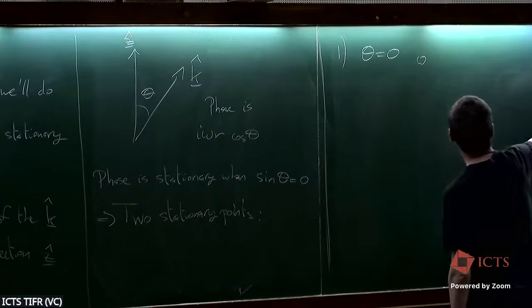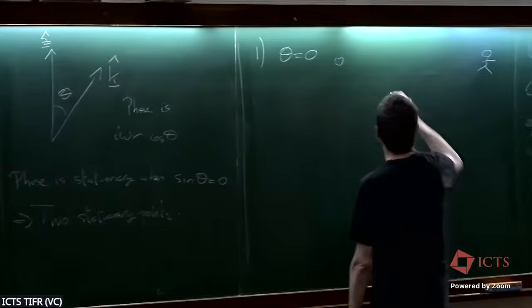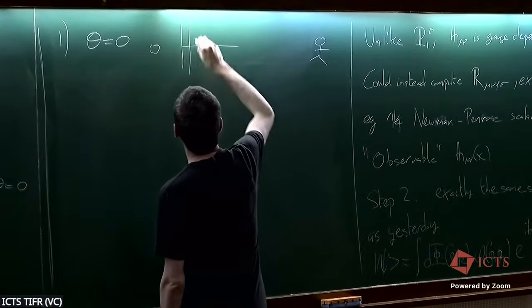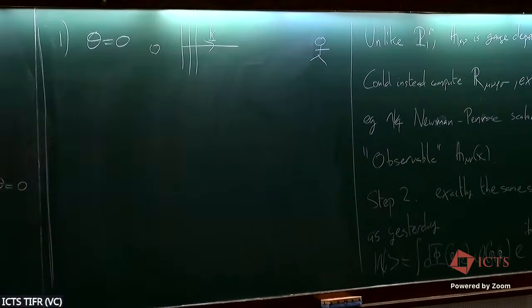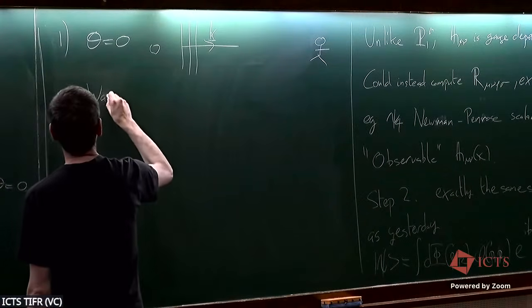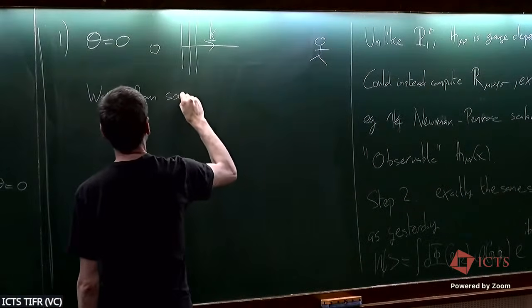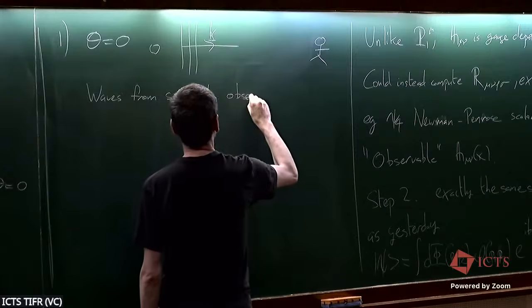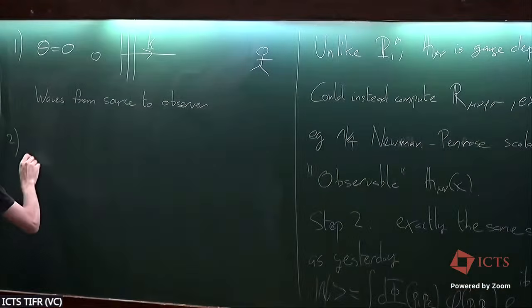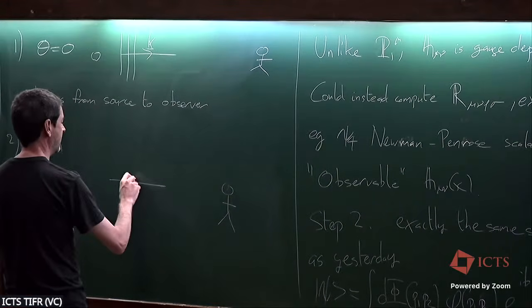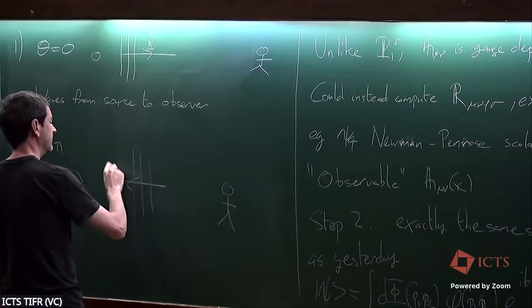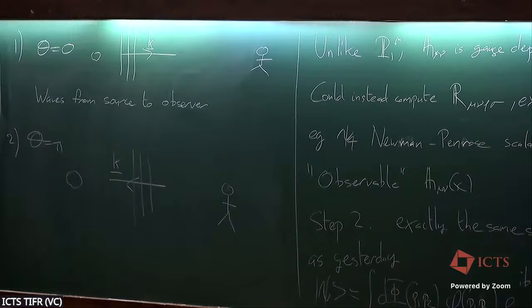So if we have some source here and some observer over here, at theta equals 0 the waves with wave vector k are pointing from the source to the observer. The second stationary point is theta equals pi, the other way I can get sine theta equal to 0. Then, if we have some system and some observer, now the waves are going from the observer to the system, in the opposite direction.